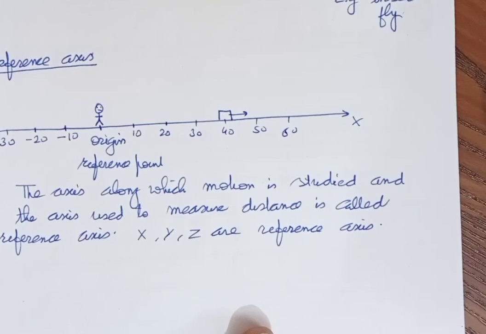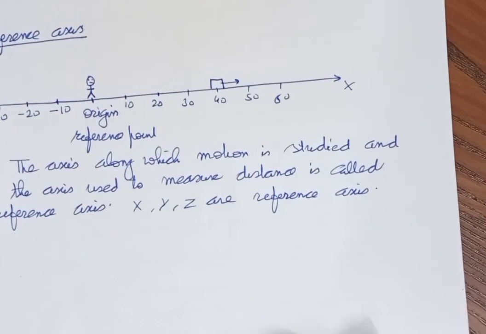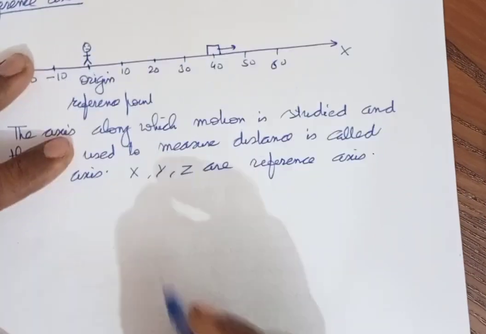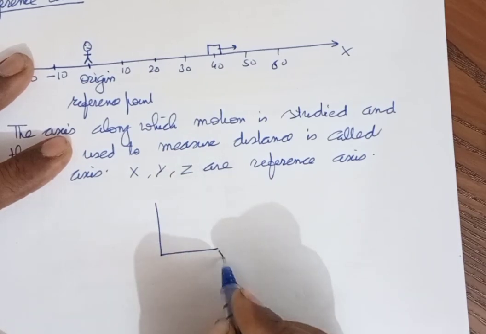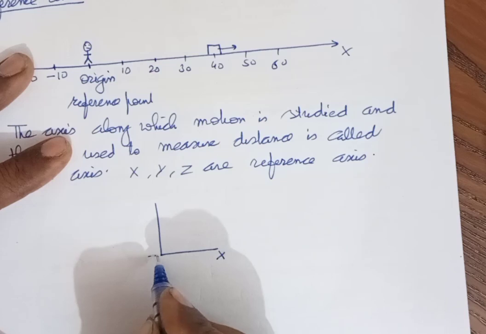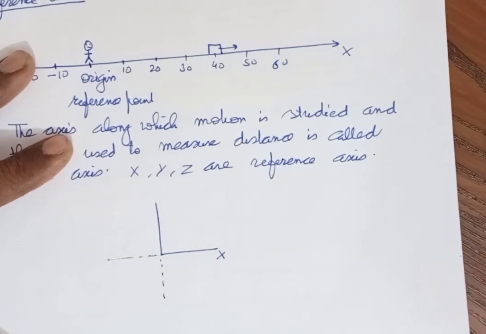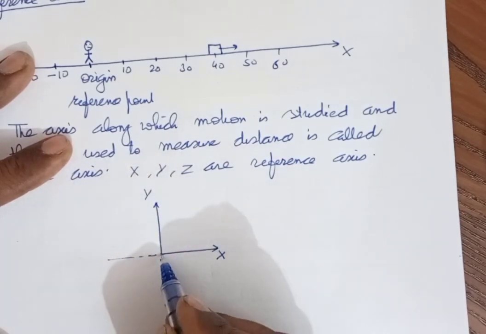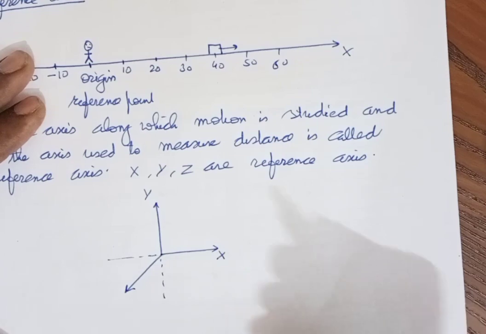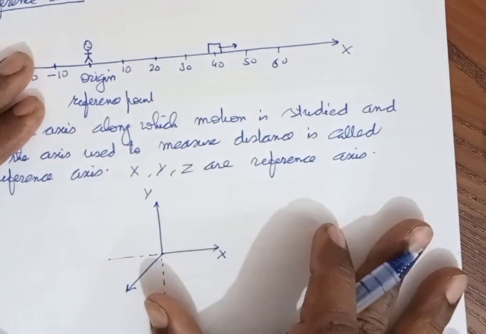Now, these three axes are orthogonal to each other. What does it mean by orthogonal? Means these axes are perpendicular to each other. Let this is x axis. It is going infinitely on both the side. Y axis is also going infinitely on both the side. This is y axis. And this is a perpendicular axis. We cannot show it here because it is a planar paper.